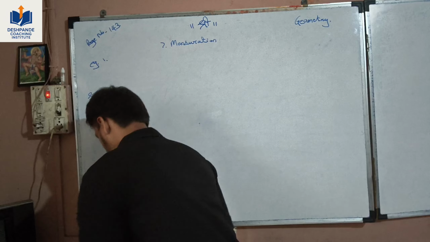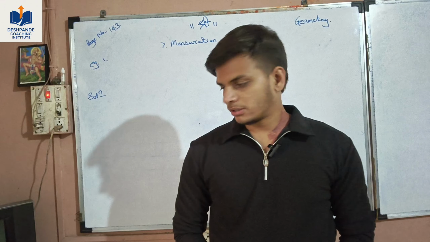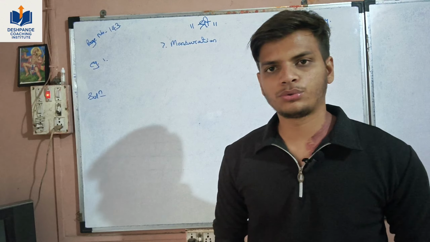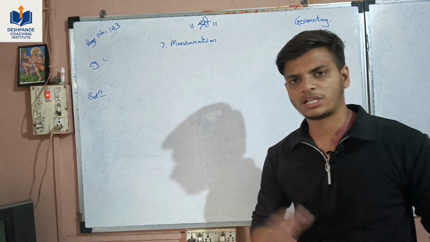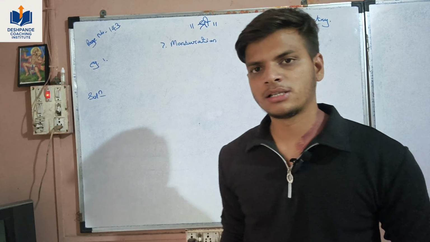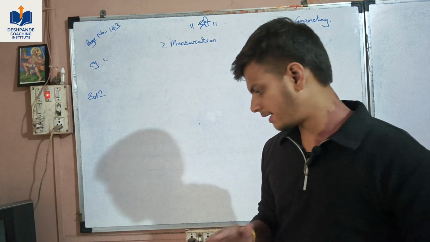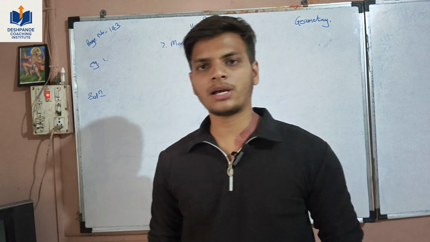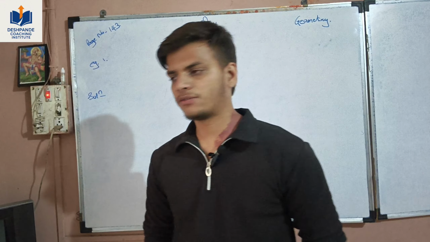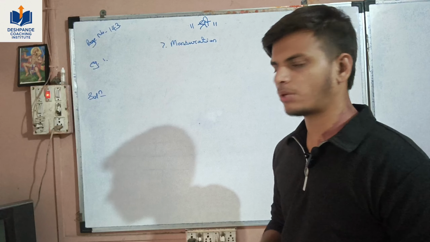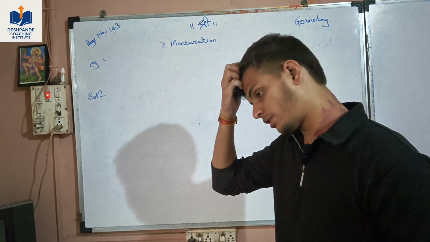A small trick to learn them: write the formulas two to three times. Write the formula, see it, learn it, and again write it without looking at the textbook. First write the formulas three to four times while looking at the textbook.